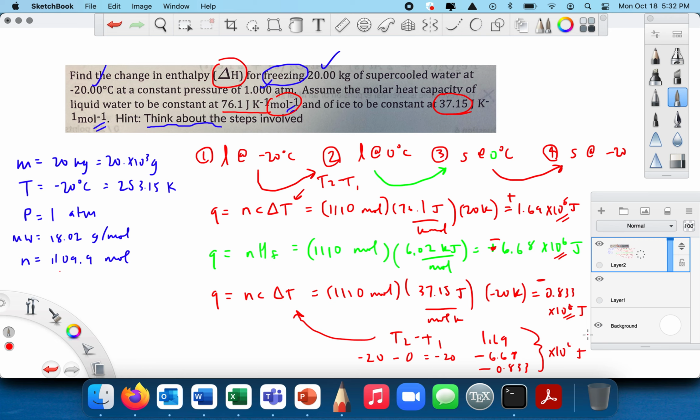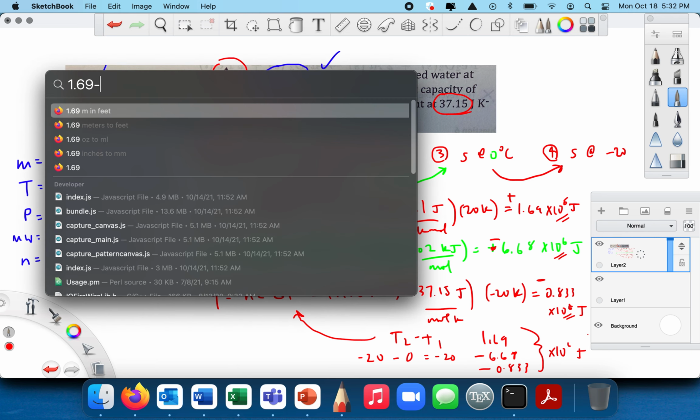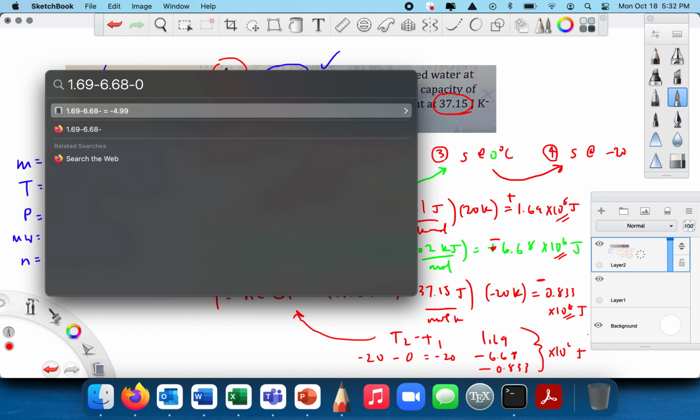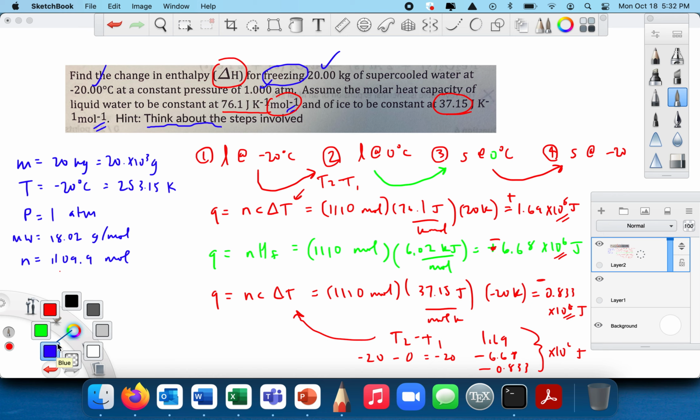All right, so let's get this. 1.69 minus 6.68 minus 0.833 is equal to, it's really negative, right? Negative 5.823. I'm going to go to a different color yet. And there's our answer. Minus 5.823 times 10 to the 6 joules.